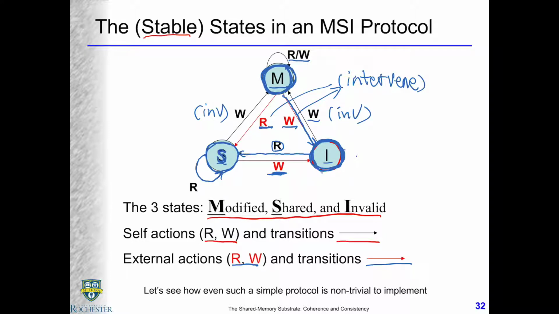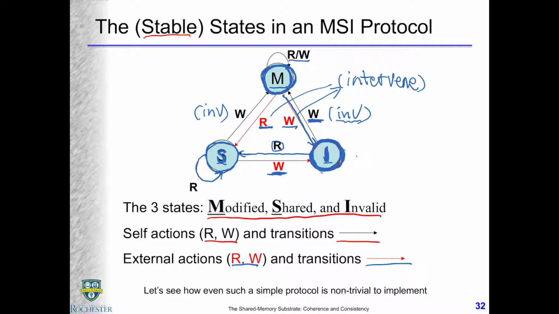And this is also shown here. If I'm in an invalid state to start with, and we do a write, we're essentially invalidating whoever has it, and that may be a cache that has modified data, so it needs to write back the data to memory, send a new copy to me, and at the same time invalidate itself.